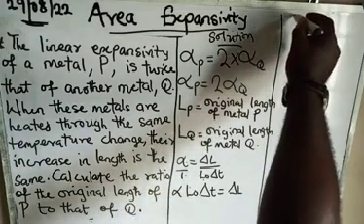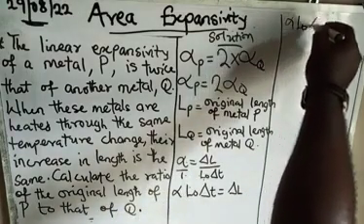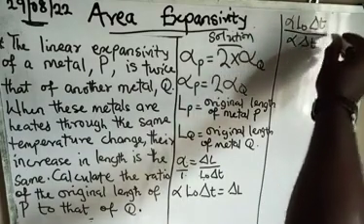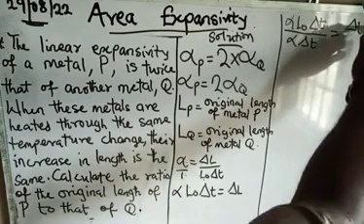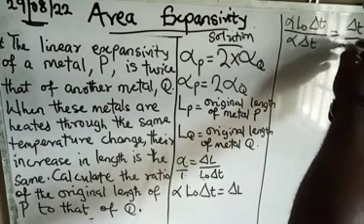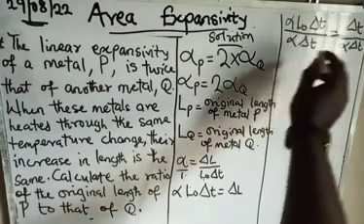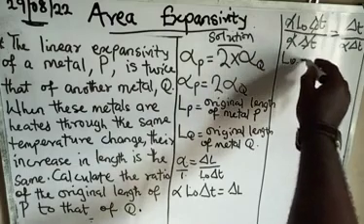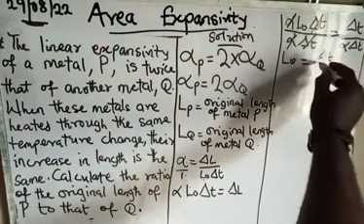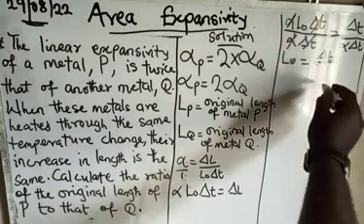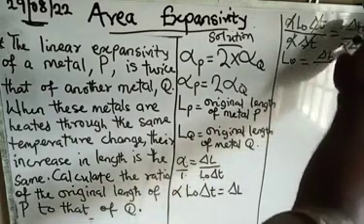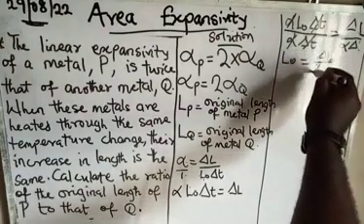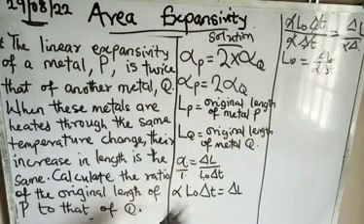That will give me alpha L0 change in T all over alpha change in T is equal to change in L all over alpha change in T. This will cancel this. So my L0 is change in L all over alpha change in T.